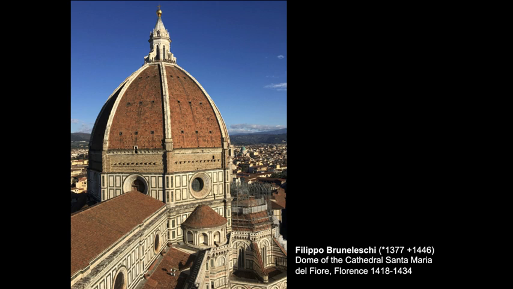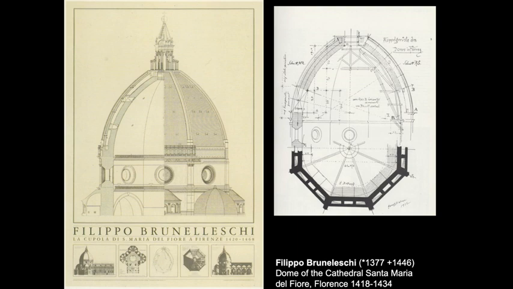Well, one who made it better than Michelangelo was Filippo Brunelleschi in Florence, when he constructed the dome of the Cathedral Santa Maria del Fiore in 1418 to 1434. When you take a look at the sections and on the ground plan, you see that Brunelleschi just uses the parabola as a principle of construction in the same manner we saw it in the Gothic architecture.